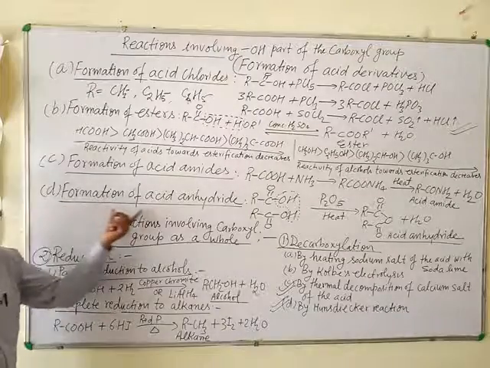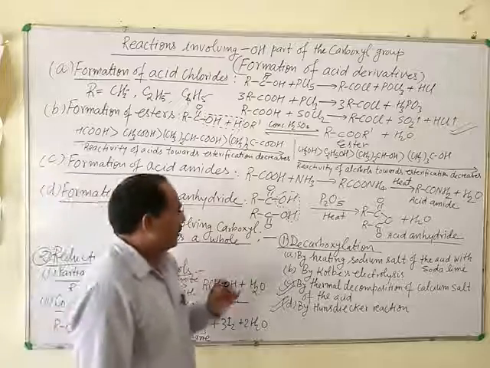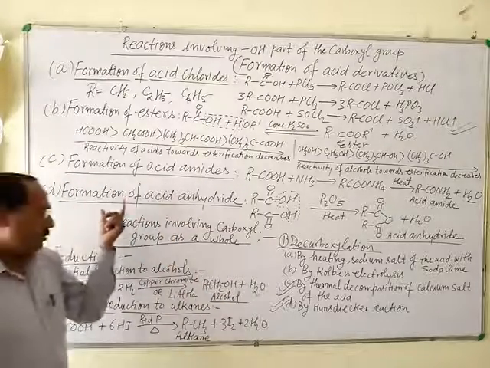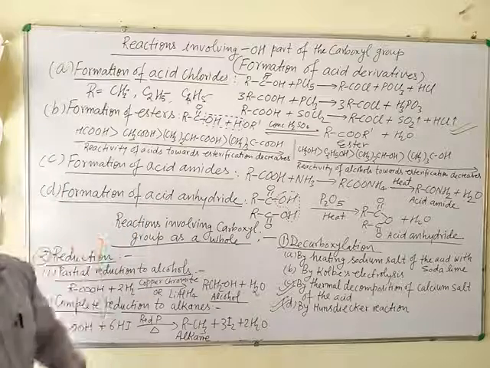Now, formation of acid anhydride. Anhydride means a substance obtained by the loss of a water molecule.